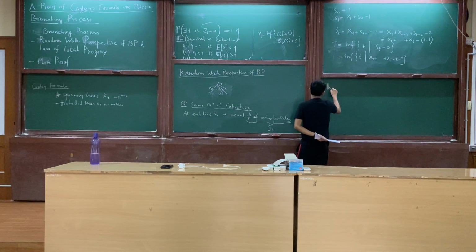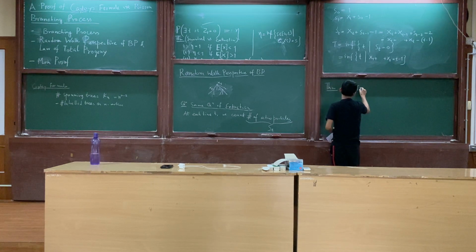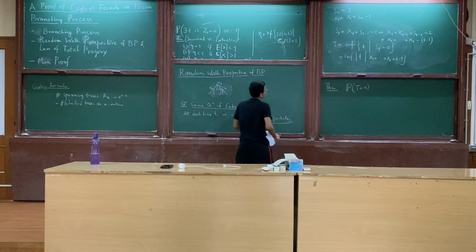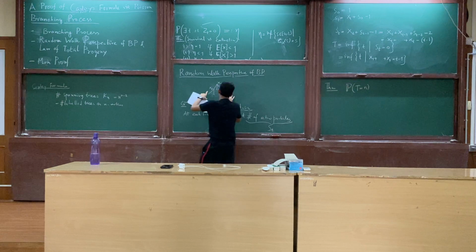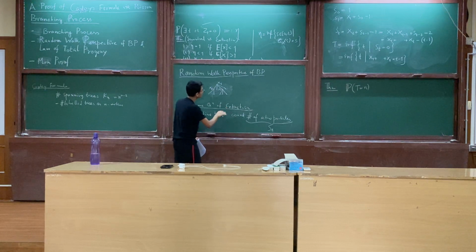Now there is a result on the distribution of this T. One thing to note is that this T is nothing but the total connected component formed up to that extinction.